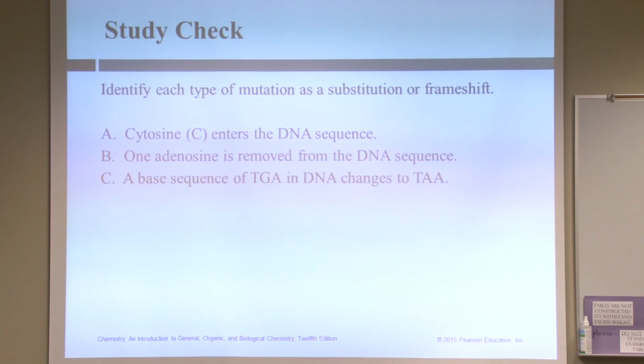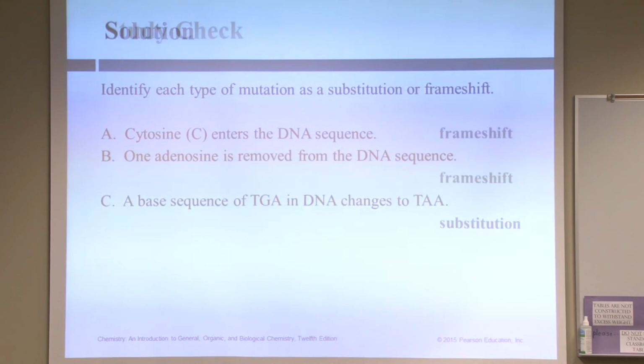One adenosine is removed from a DNA sequence. Again, you insert or remove, it is the frame shift. A base sequence of TGA in DNA changes to TAA. So this triplet change is called point mutation or substitution. Okay.